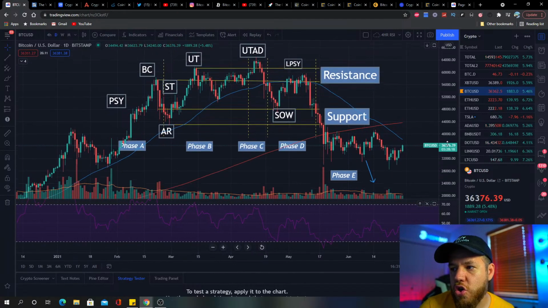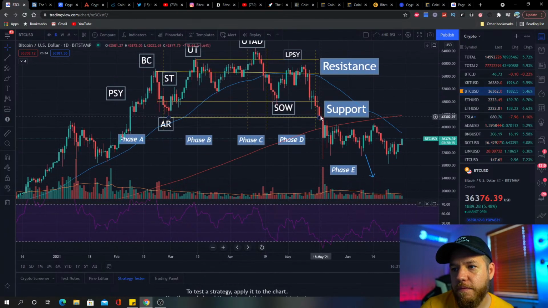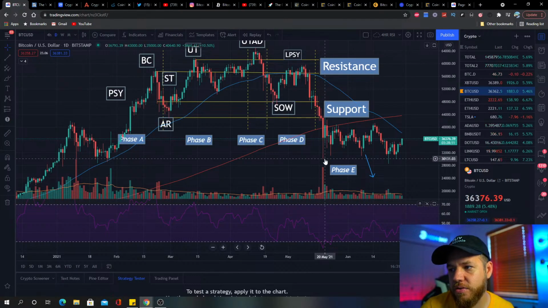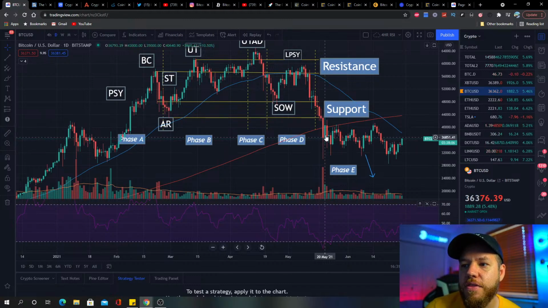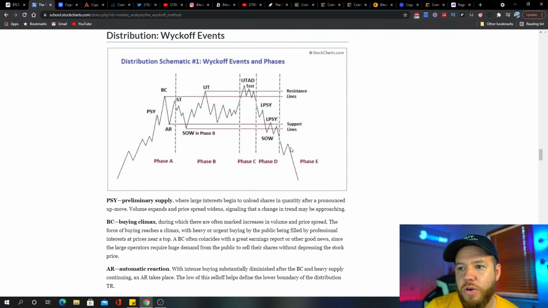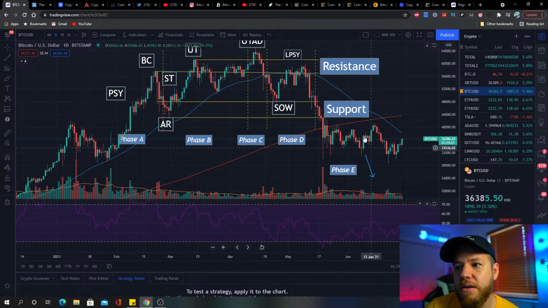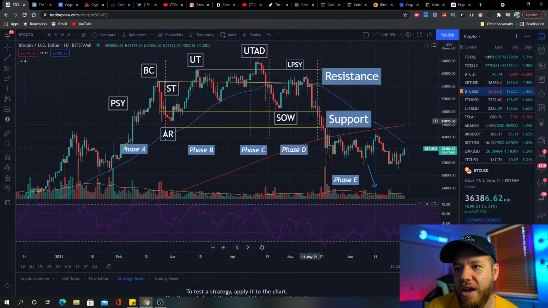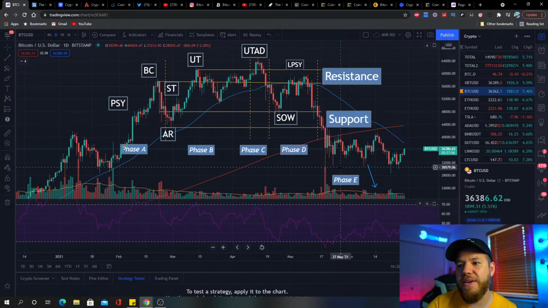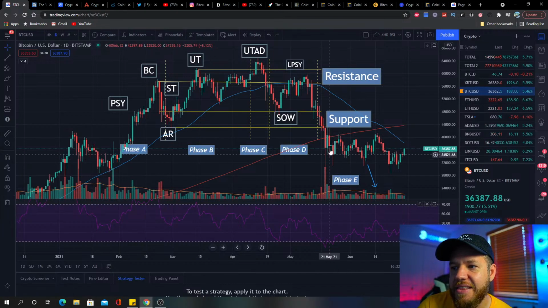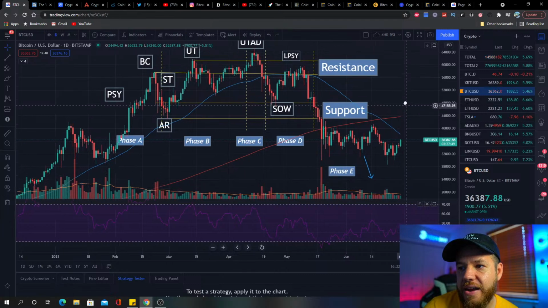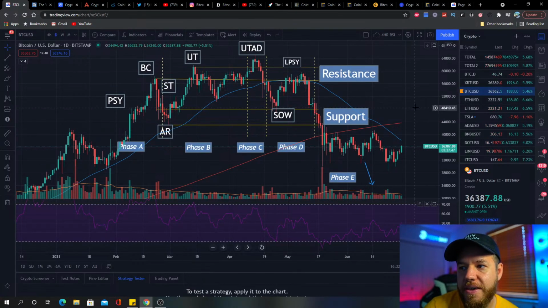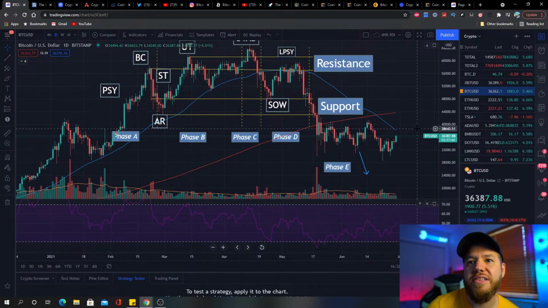I wasn't sure if this drop right here, all the way down where we bottomed out at that 28K level, was the dump off, which is considered phase E. But the way I drew it, I made it as if that was phase E. If that's phase E, then that could potentially put us back in the accumulation phase, in the accumulation schematic.